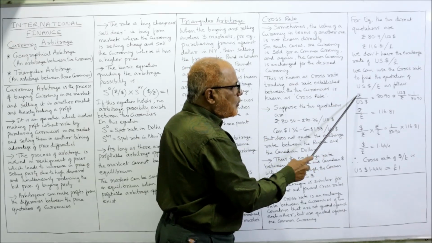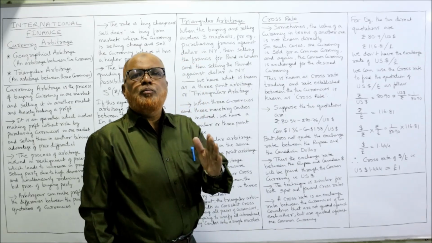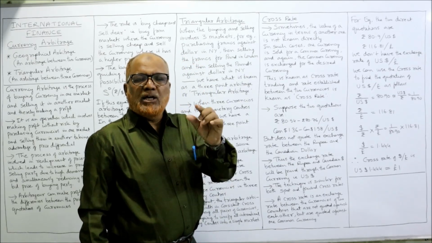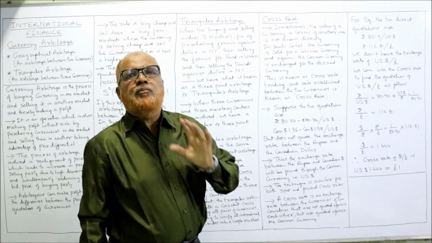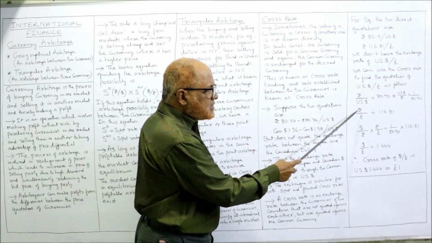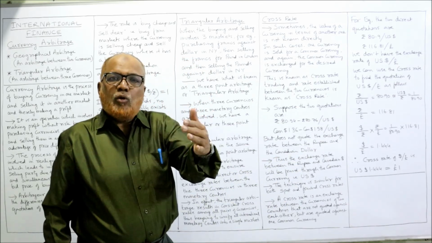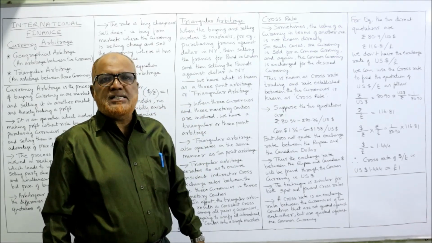But we don't want rupees in the numerator. We want rupees in the denominator, because rupees should get cancelled. When one rupee is in the numerator, the other rupees should be in the denominator. Here, rupees per pound, rupees is in the numerator. The other rupees should be in the denominator, then only it will get cancelled.